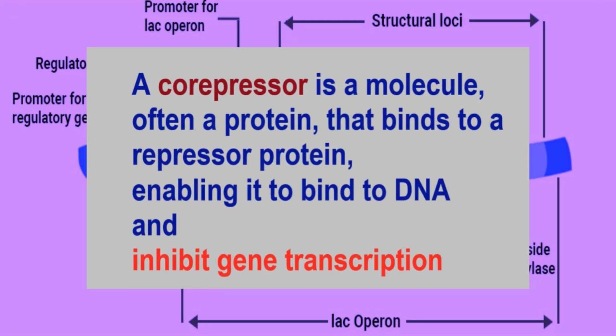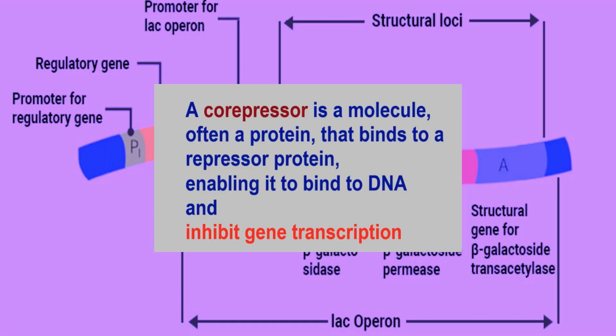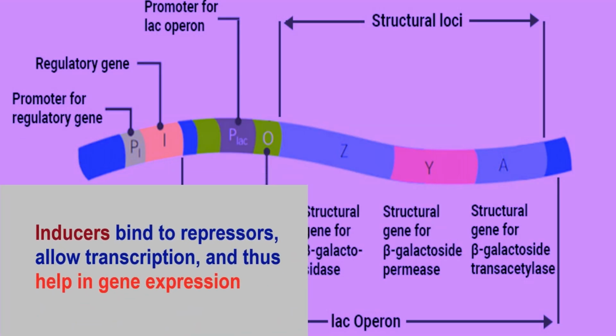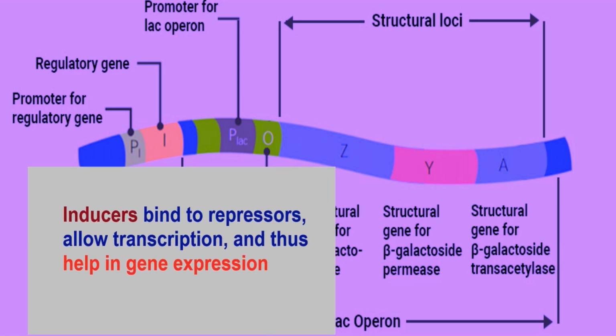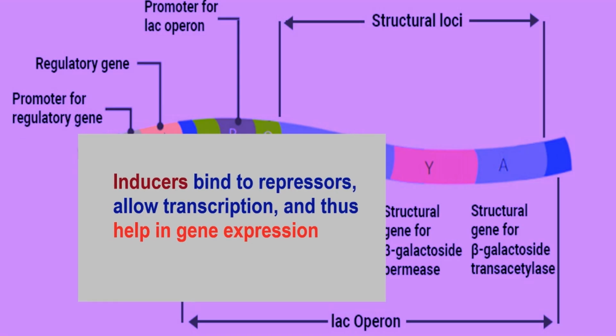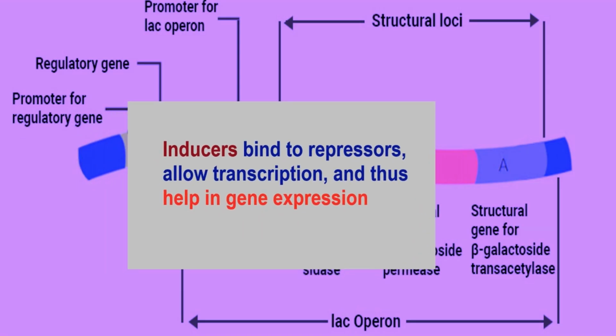Co-repressor, a molecule that activates the repressor, helps shut the gene down when the product is already available. Inducer, a molecule like lactose, can bind to the repressor and inactivate it. This removes the repressor from the operator, allowing RNA polymerase to function, meaning gene on.